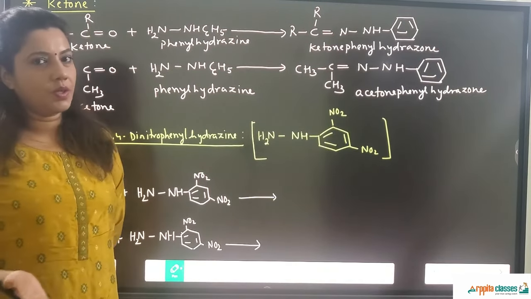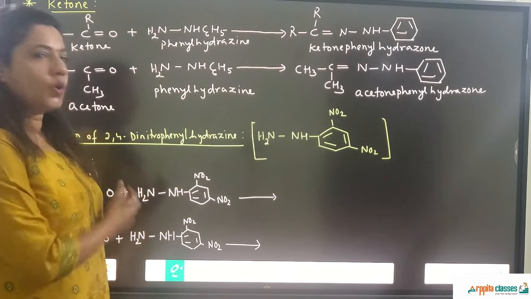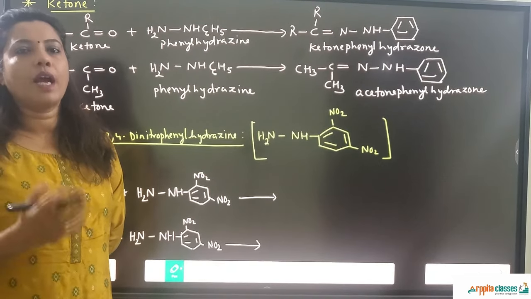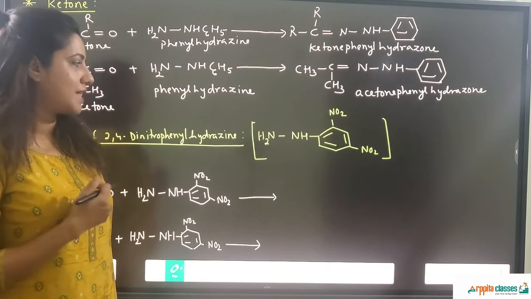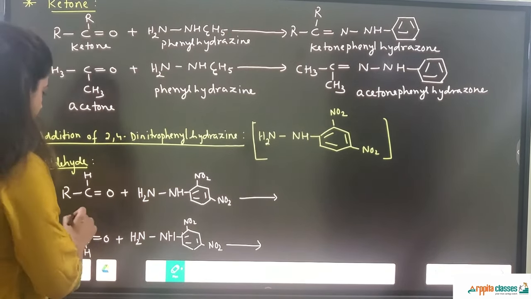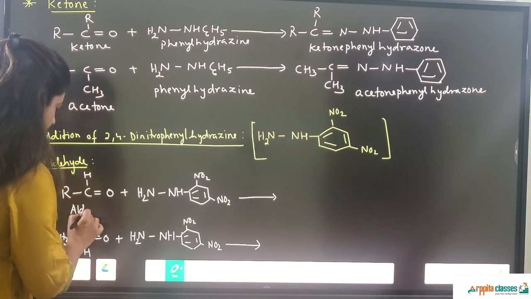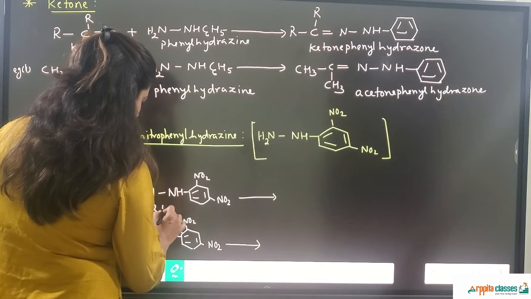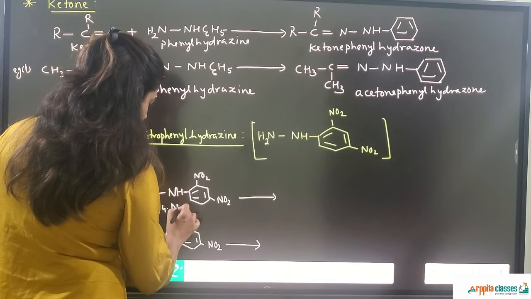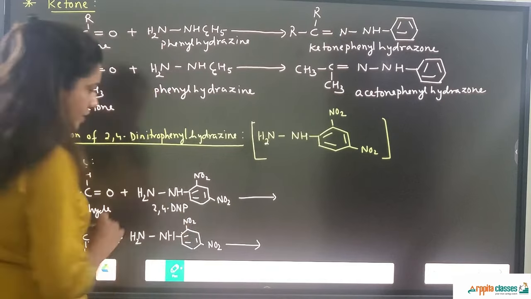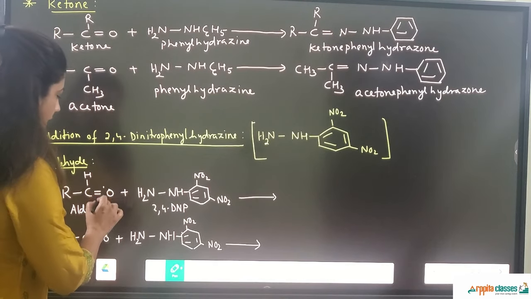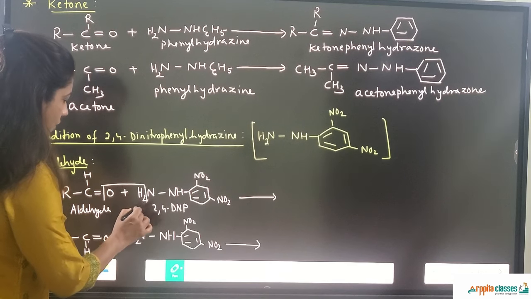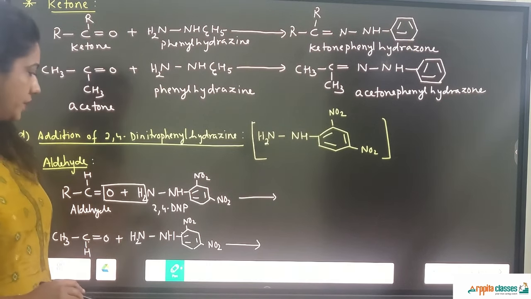Okay, so now you understood the addition of 2,4-DNP, 2,4-dinitrophenyl hydrazone. Let's start with that. So this is my aldehyde and this is 2,4-DNP, dinitrophenyl hydrazone. Again you can see I have written it in such a manner that H2 comes adjacent to oxygen.